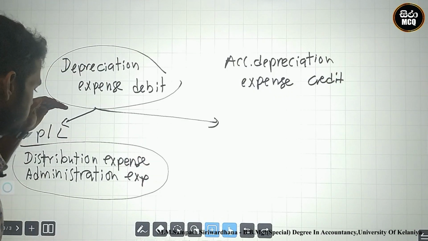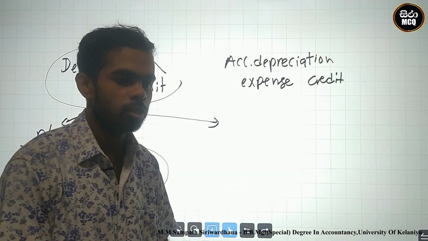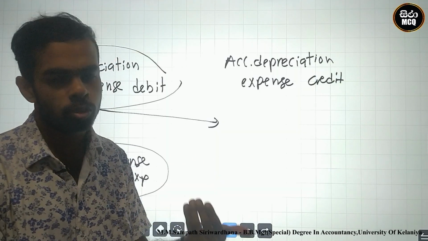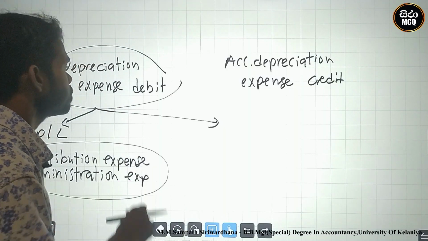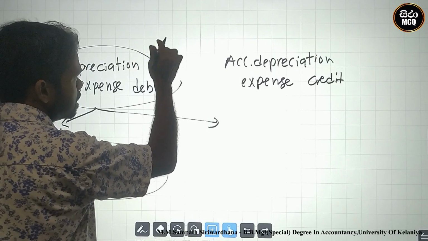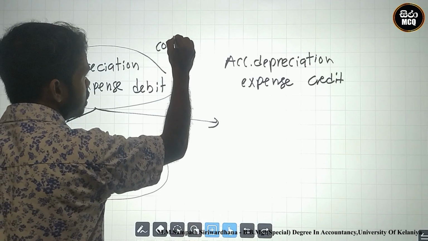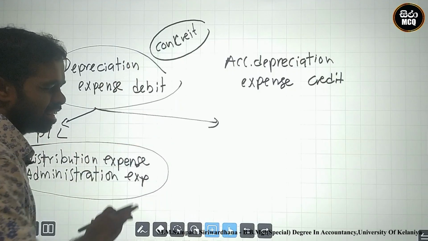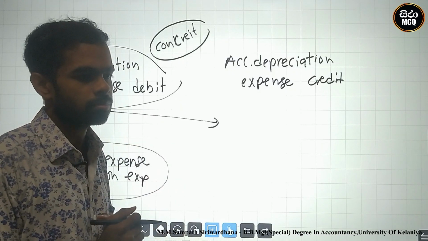The depreciation expense used for administration purpose. Look here, there is a computer used for administration purpose. There is a lorry used for distribution purpose. After that, there is another usage for an asset. Look here, there is a concrete mixing machine.